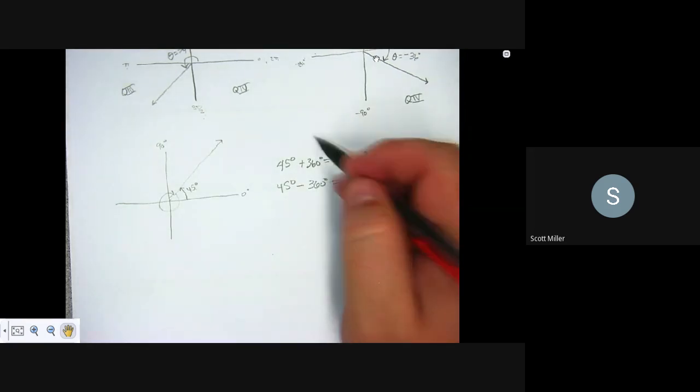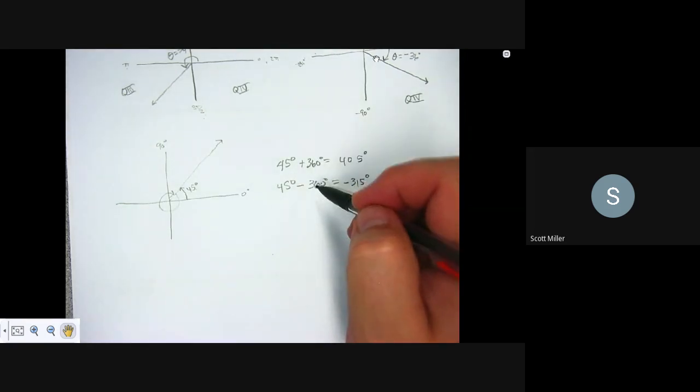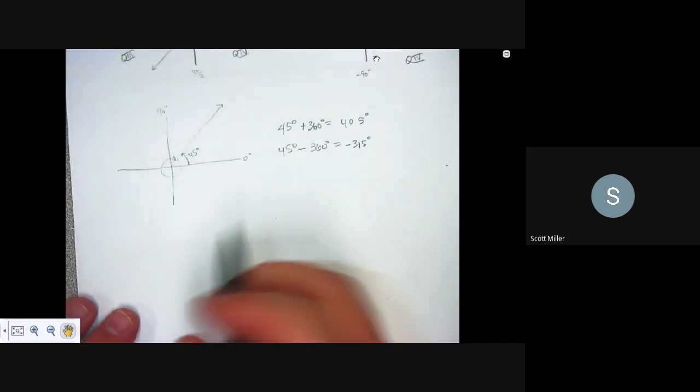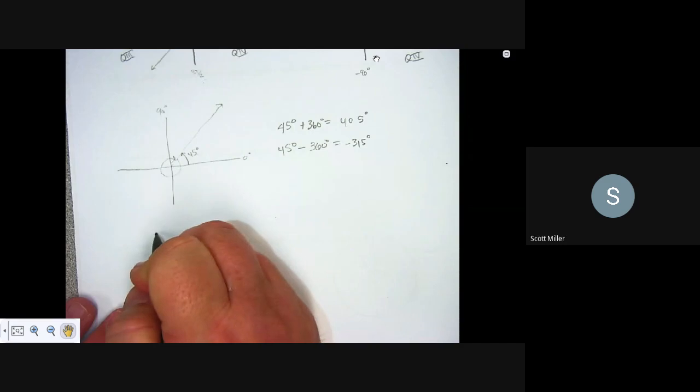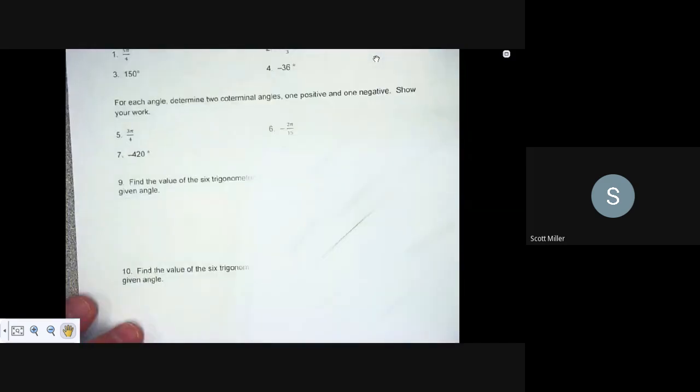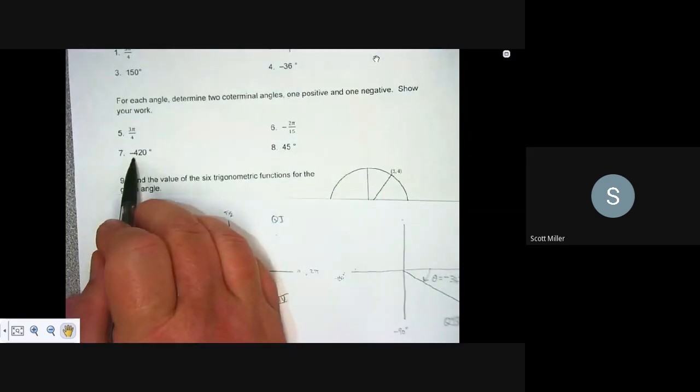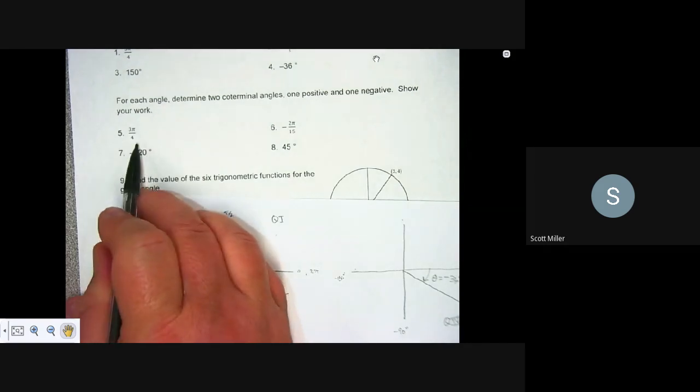Sometimes you might need a multiple of these. So we can look at different angles over here and try to find ones that give me a positive or negative. Let's do this one right here just because I want to show you what happened.